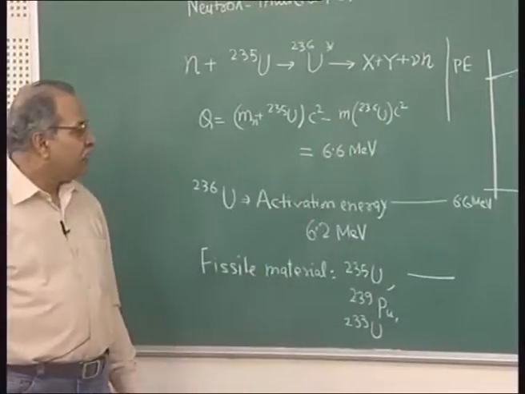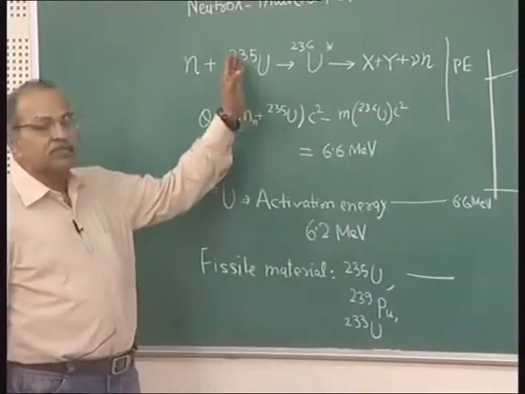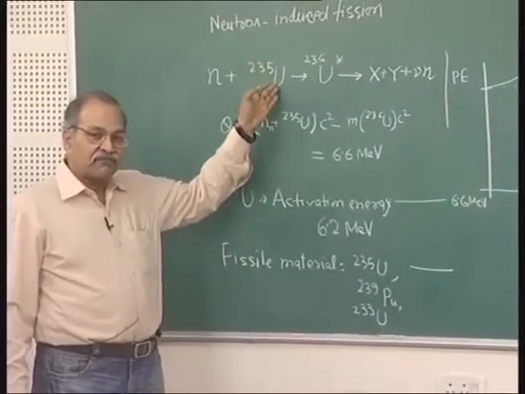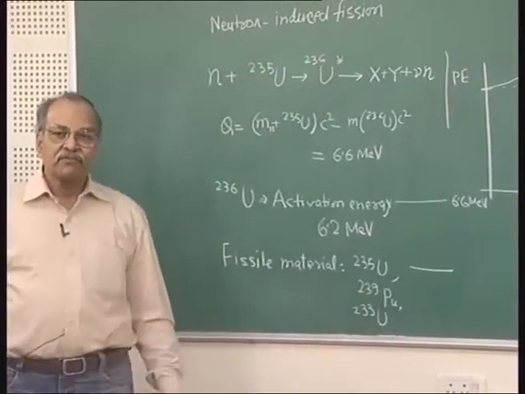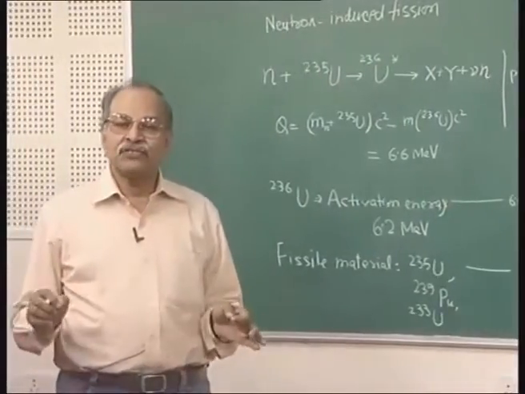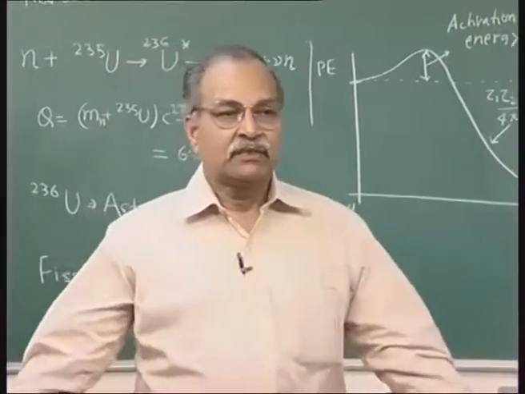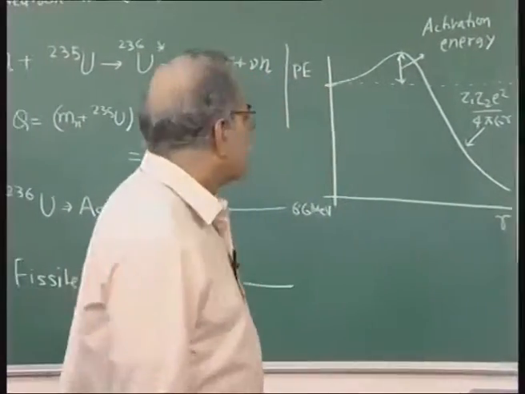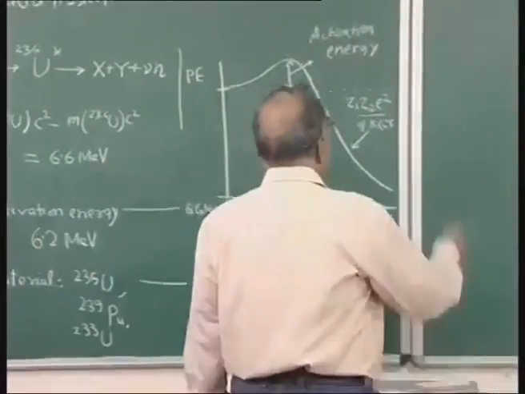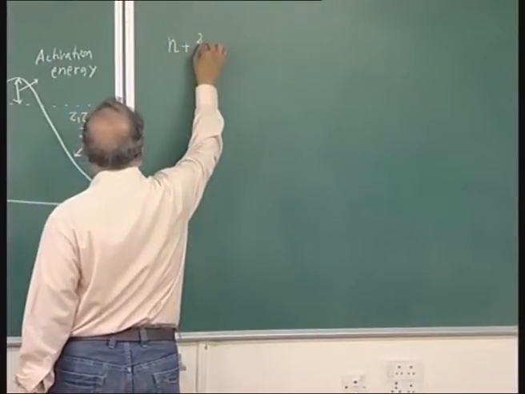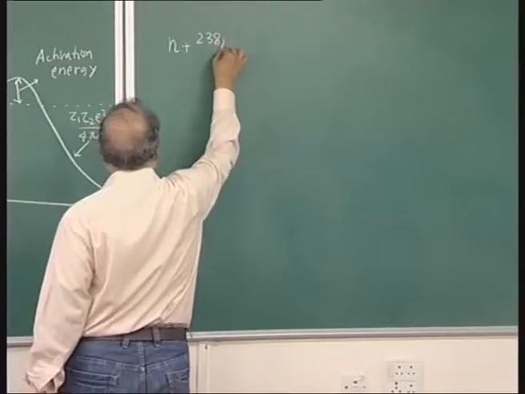Now, if I look at the similar reaction with uranium 238, why am I considering uranium 235 and uranium 238? Because these are the main constituents of natural uranium that we get from mines. So, for uranium 238, if I look at the same reaction, it is n plus uranium 238.